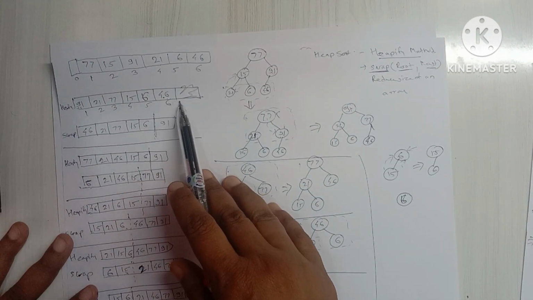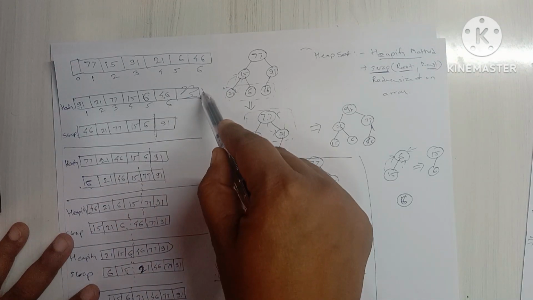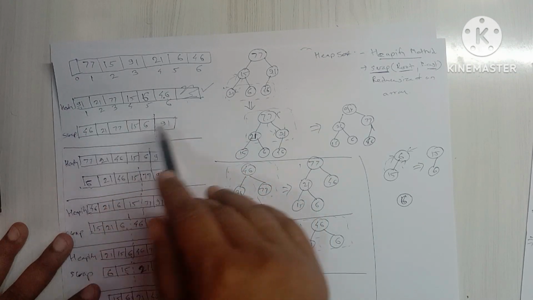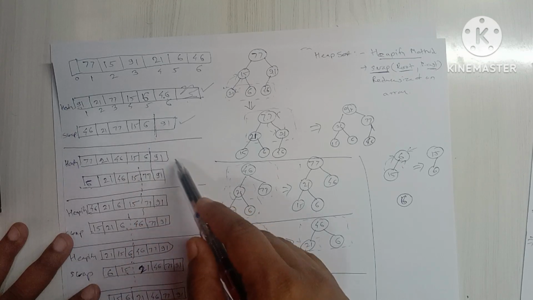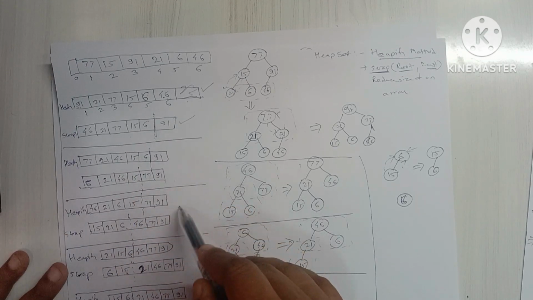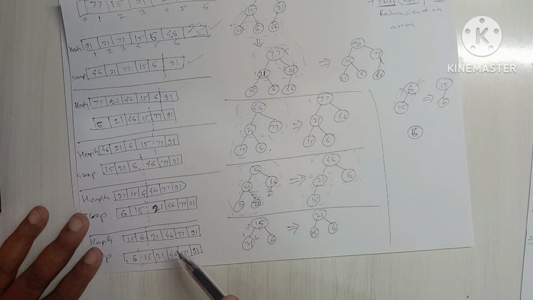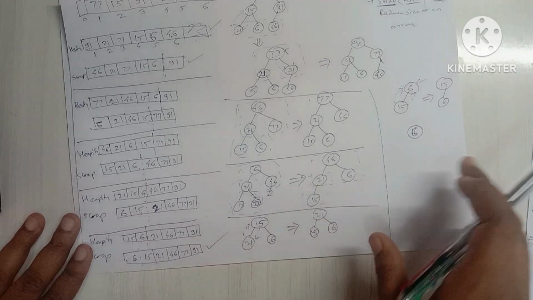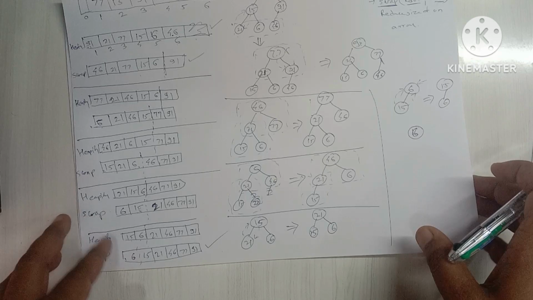Then we apply the heapify method, and we have created the array. Then we perform swapping, so the tree will be like this. In the same way we apply heapify and swap until all elements are swapped. So this is your sorted array. In this way we perform heap sort.